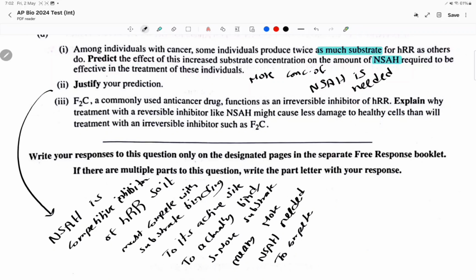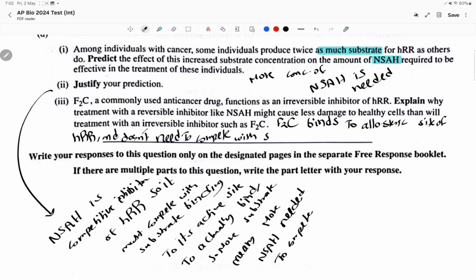So F2C binds to the allosteric site of HRR and doesn't need to compete with a substrate. So even at low concentrations, F2C can block HRR's activity.